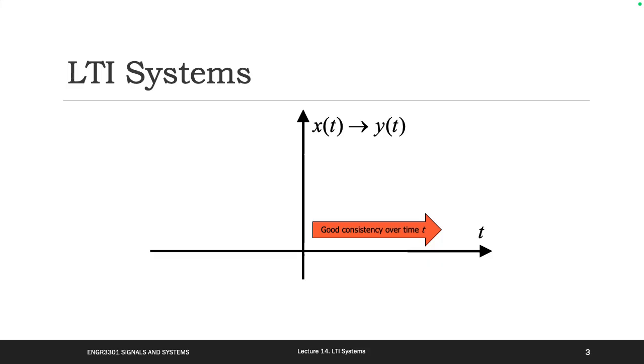Which means you have this RC circuit. You do the RC circuit lab today and tomorrow and yesterday and 10 days later. Your result will be the same if you use the same resistor and capacitor. That makes sense to you? If the system is time invariant, it has good consistency over time. Am I right? If it's linear, what does that mean?